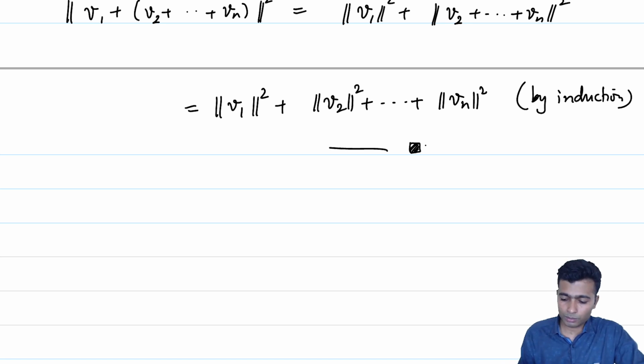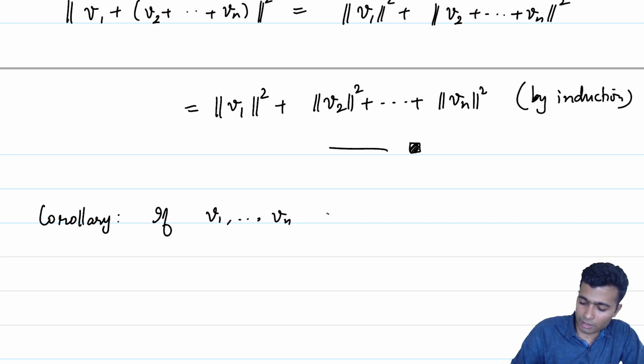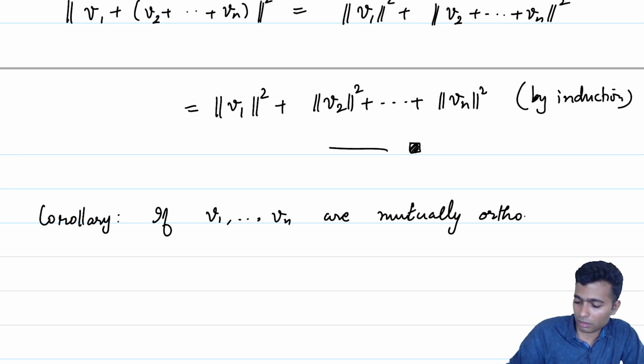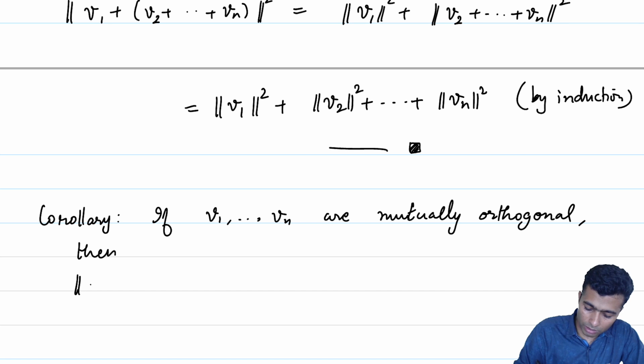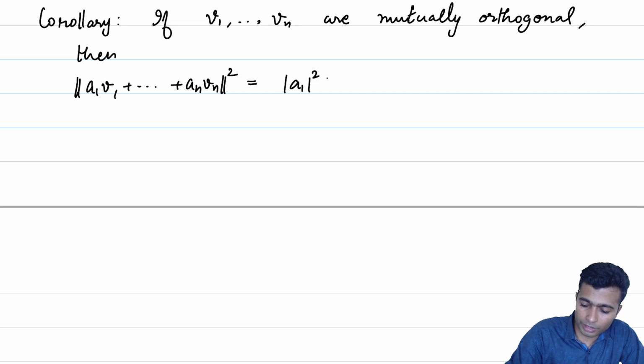As a corollary, if V1 to Vn are mutually orthogonal, and I'll leave this as an exercise for you, then the length of a1 V1 plus up to an Vn, the whole square, is equal to mod a1 square length of V1 square plus dot dot dot plus mod an square length of Vn square.